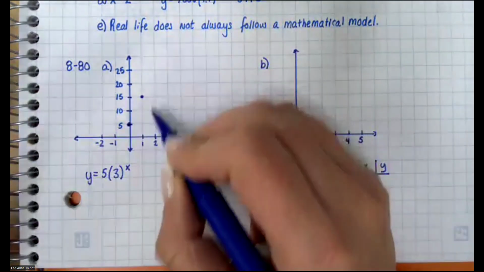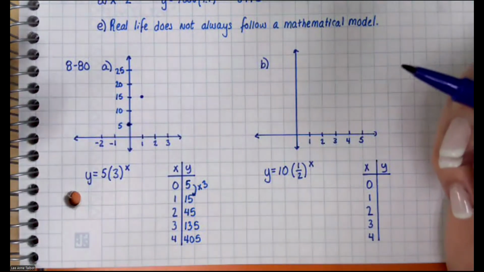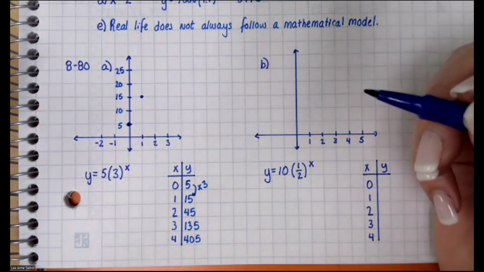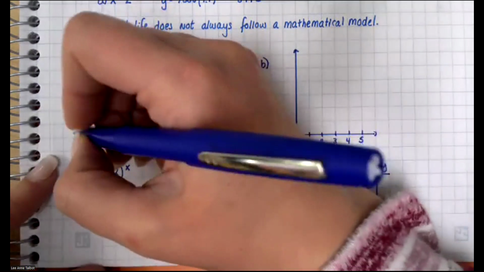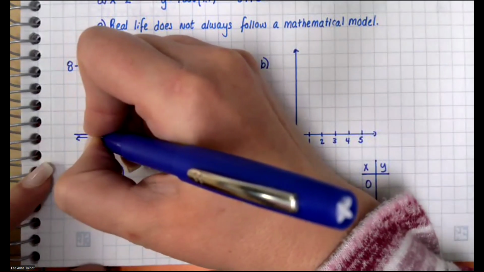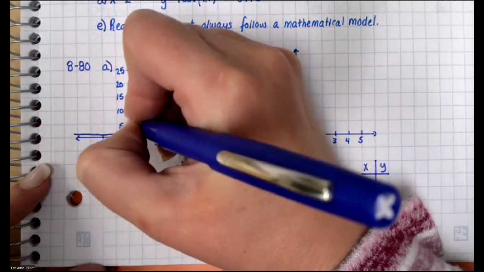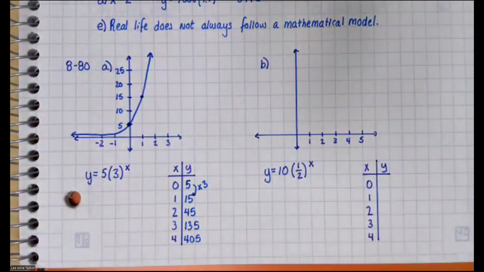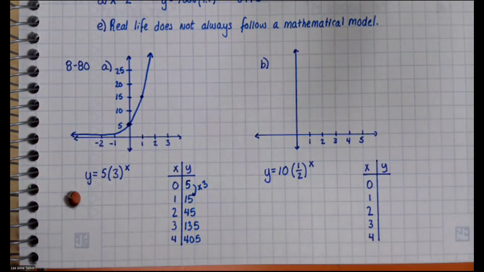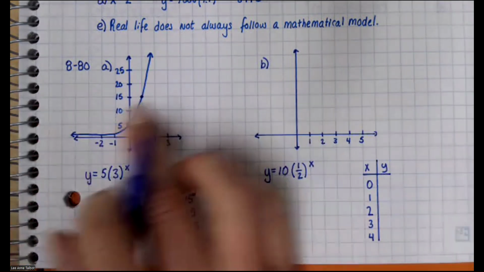Now I'm just going to use common sense. What shape should this make if it's exponential? Curve. Okay, so it's going to come along here and then go up. Make sure you show that asymptote.